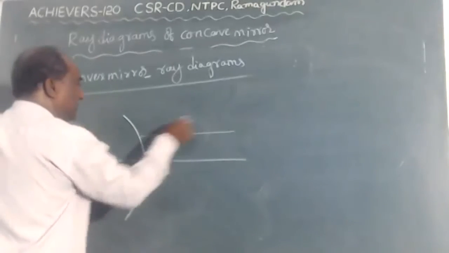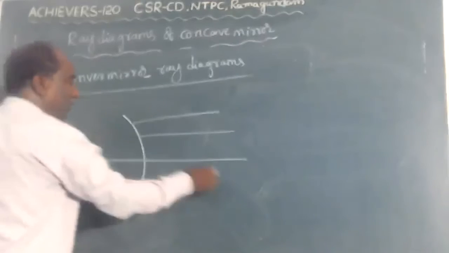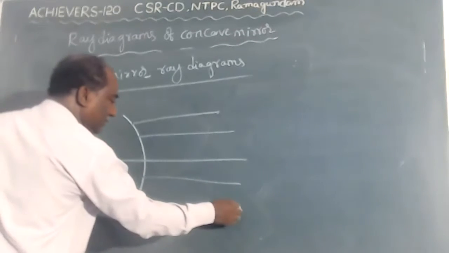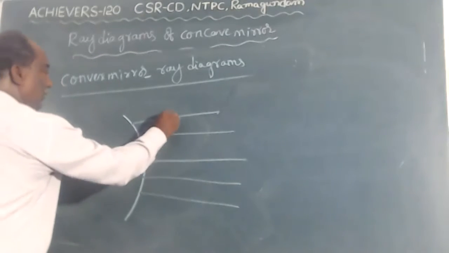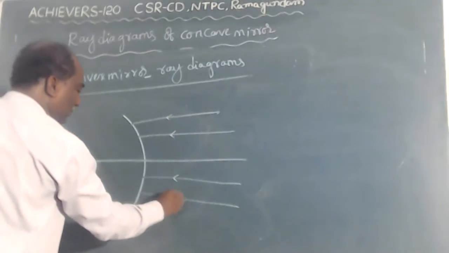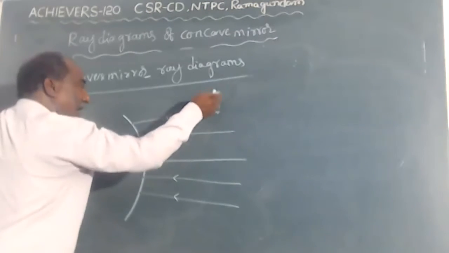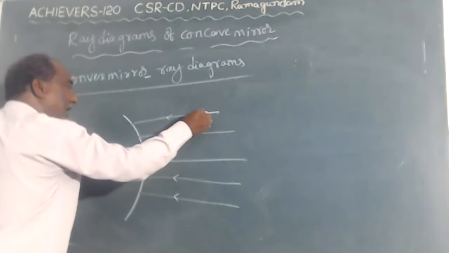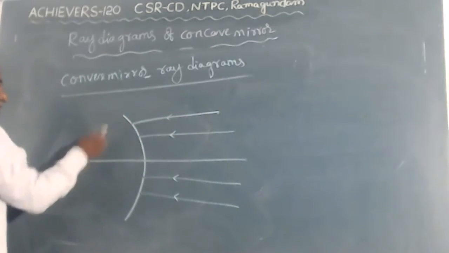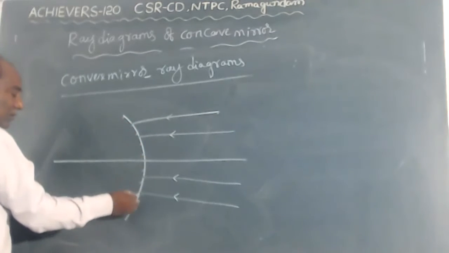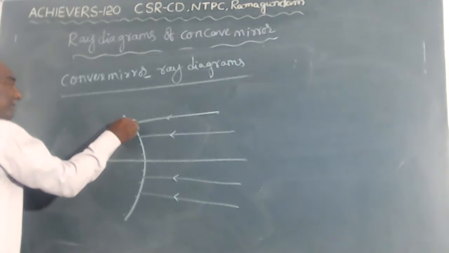Let me see here. The parallel rays come from infinity. Yes, see children, the parallel rays come from infinity. Now the parallel rays strike the convex surface and get reflected.